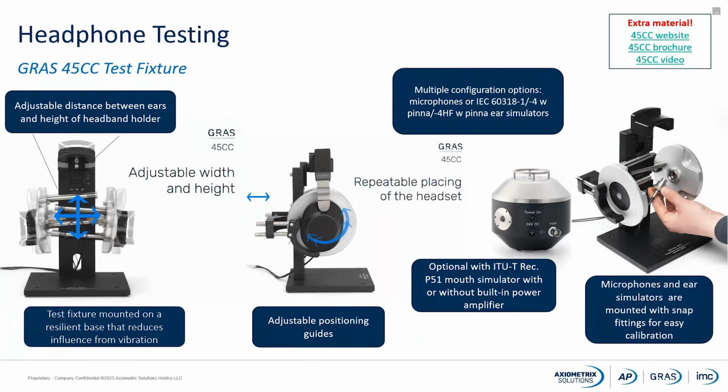It is important that we have the right position between the ears, because if we don't, then we might not have the right pressure or the right force from the headphone on the cheek plate, and it means that we might have leakage. So to avoid leakage, it's very important that the distance between the ears is correct.